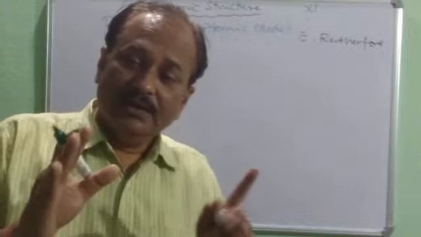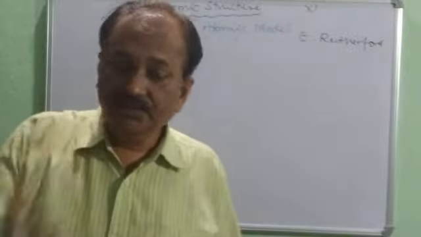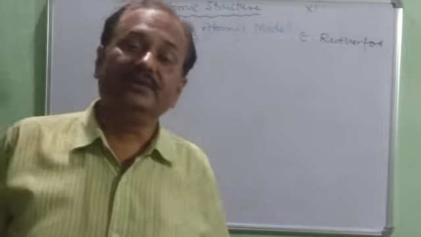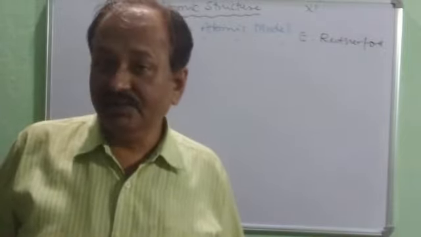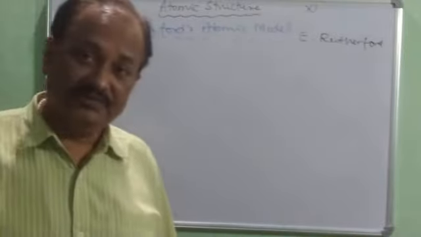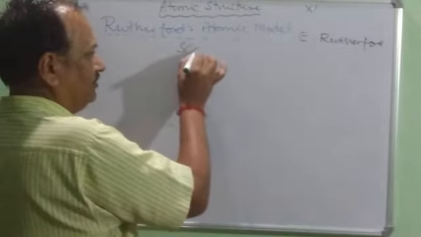Thomson's model failed because he did not have any scientific evidence of how the electrons and protons are distributed in an atom. So it was Rutherford who proposed a model, and the experiment was a scattering experiment.